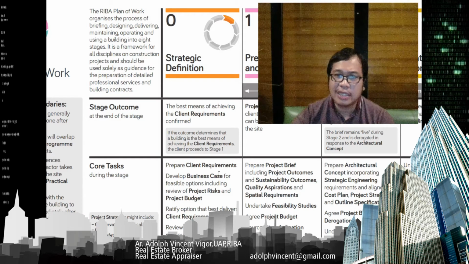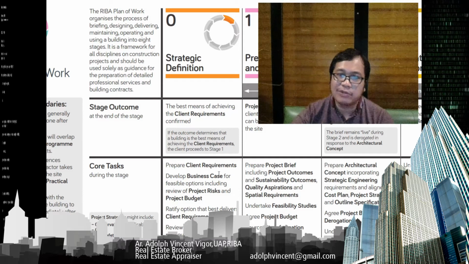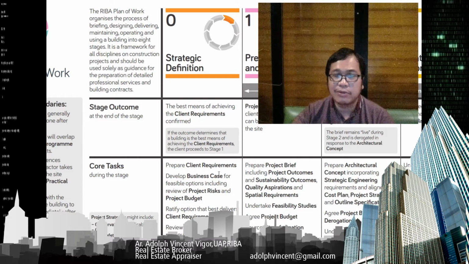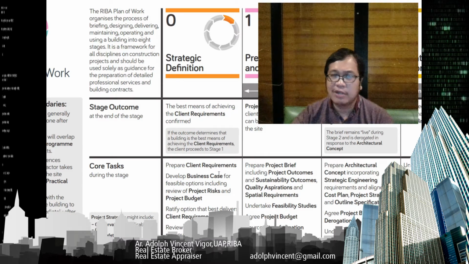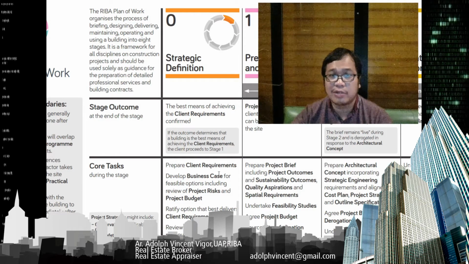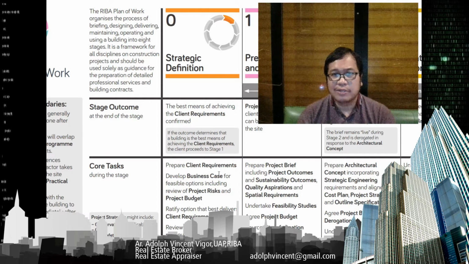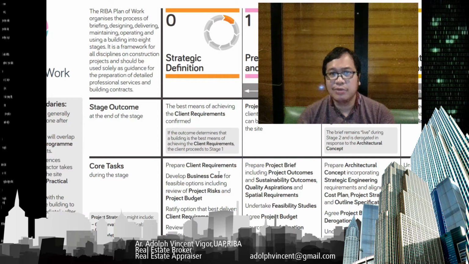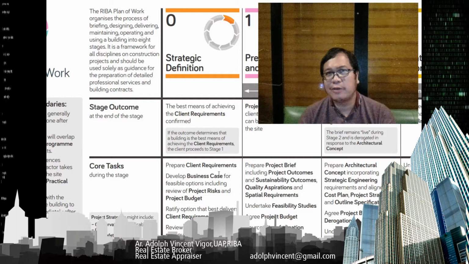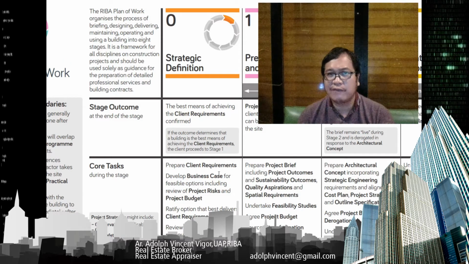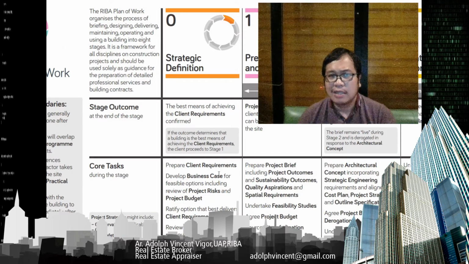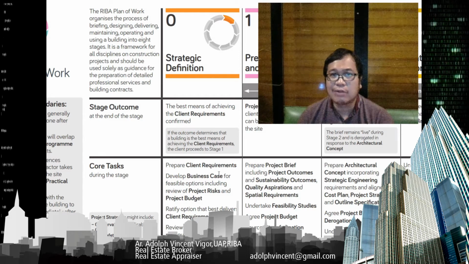A good example would be a particular lot: the client approaches you, and in the strategic definition, when you talk to the client, you have to make sure that they really need to build a building in that location.